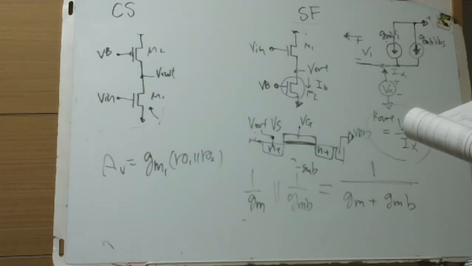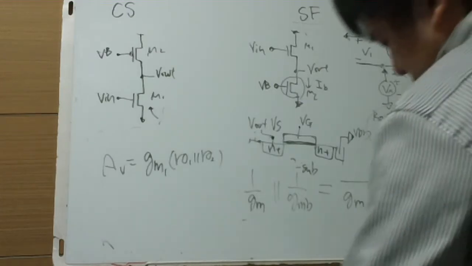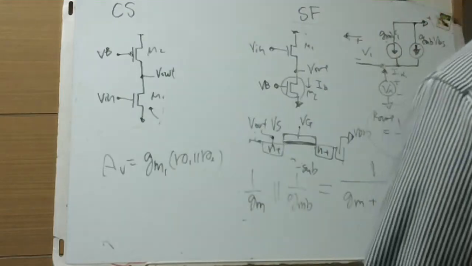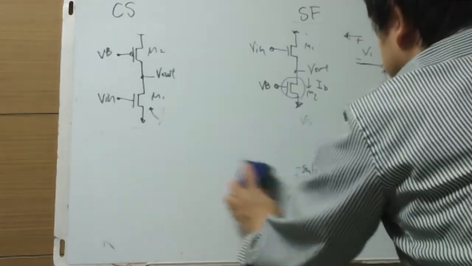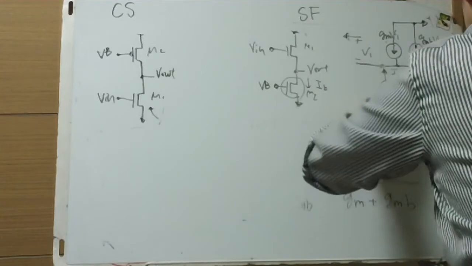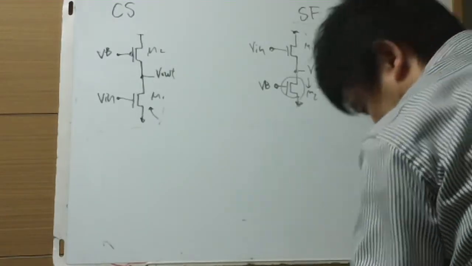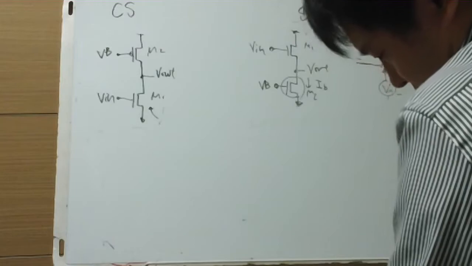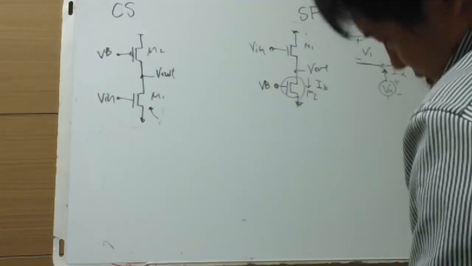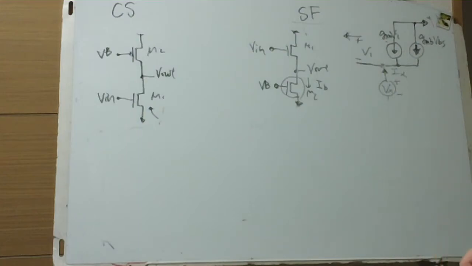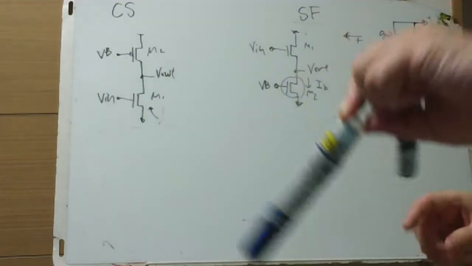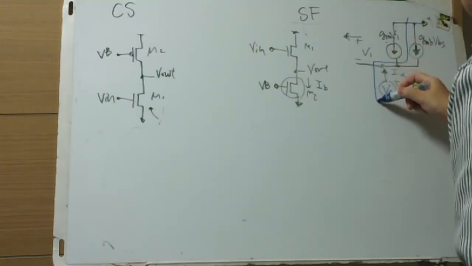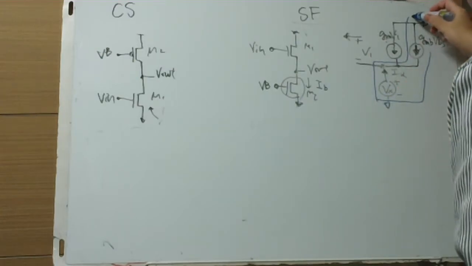Looking at figure 340 at the bottom of page 71, this is the same, excluding gmb V1 and looking at this section.